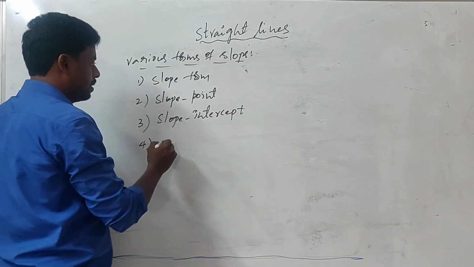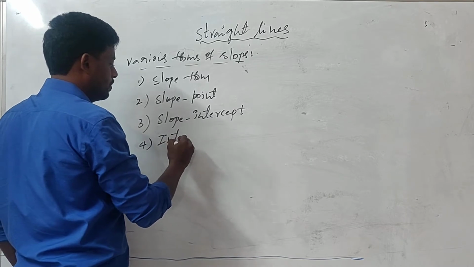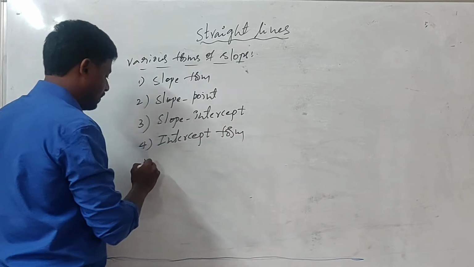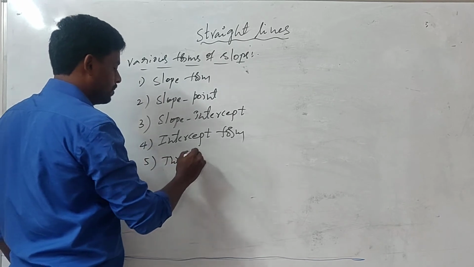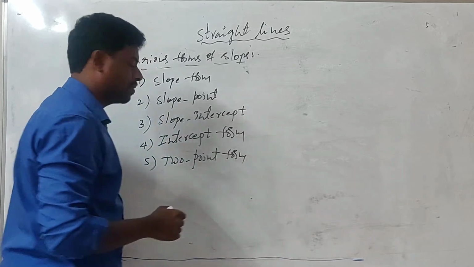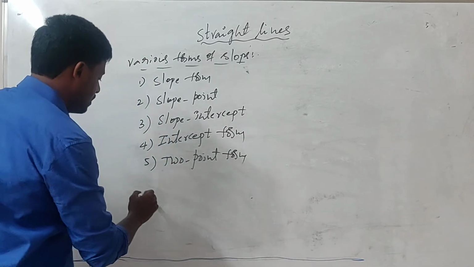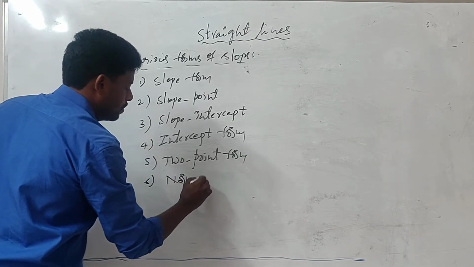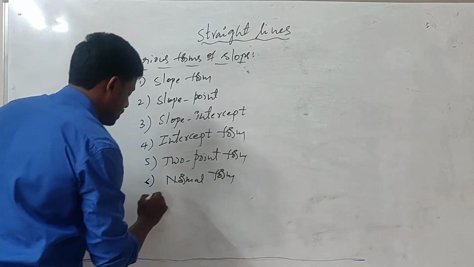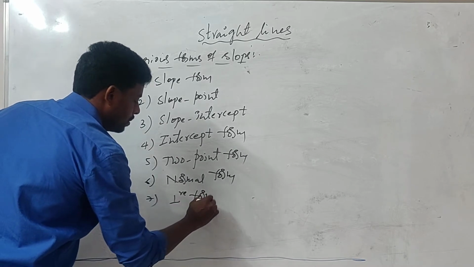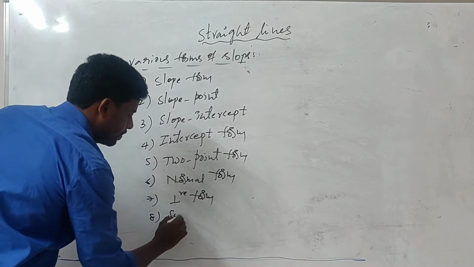Fourth one, intercept form. Fifth one, 2-point form. So like that, a number of formulas will be there. Next, sixth one, normal form. Next, perpendicular form. Next, symmetric form.